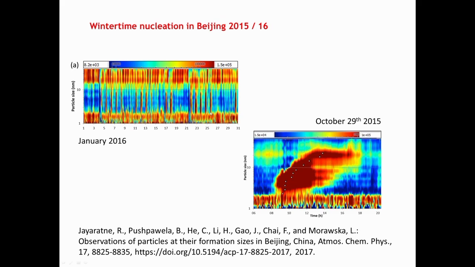And here, just zooming in on one of the days, this is a whole month's worth of nucleation measurements, but here you can see that there's growth of these very fine particles, up to 10 nanometers, 50 nanometers or so. But why are there so many big particles in the first picture? Okay, so can anybody answer that question? Why are there so many big particles in this first picture?